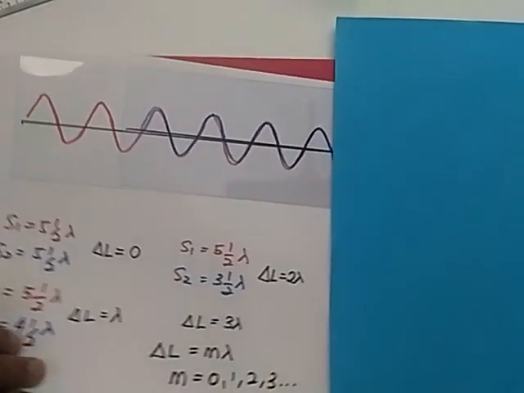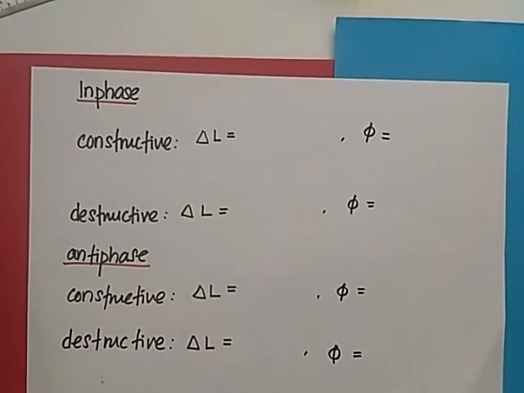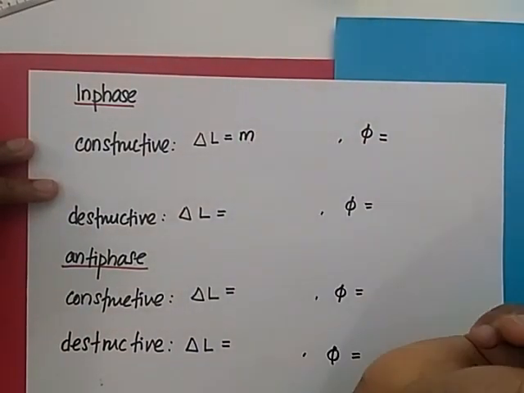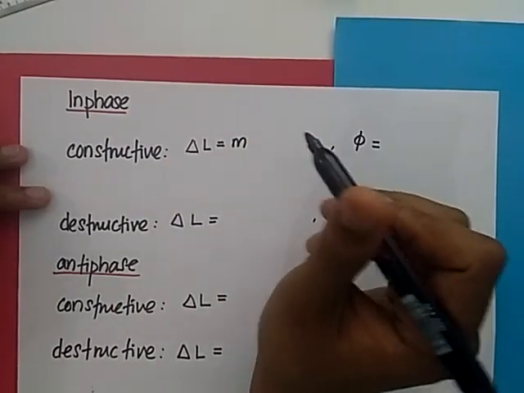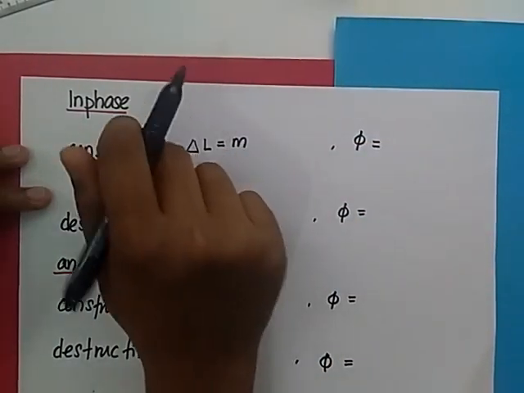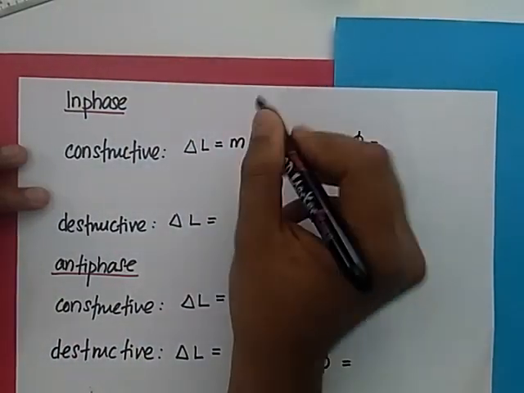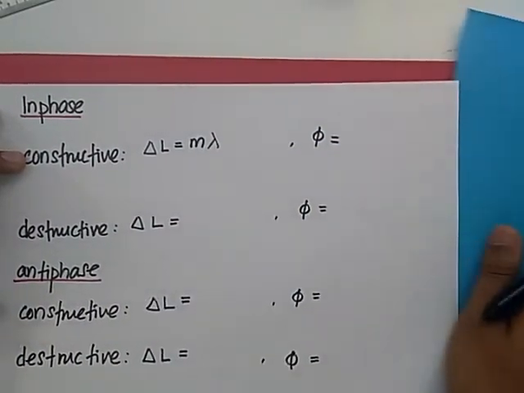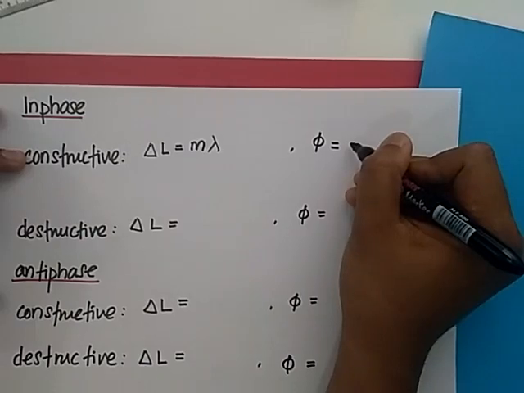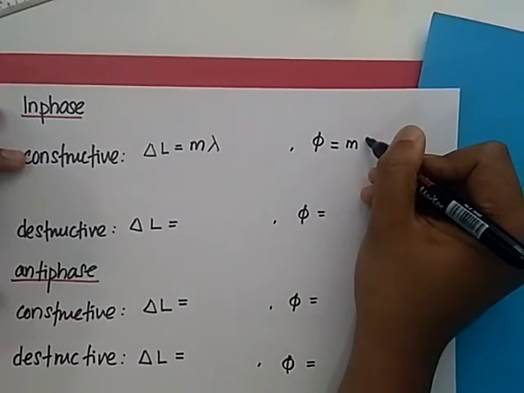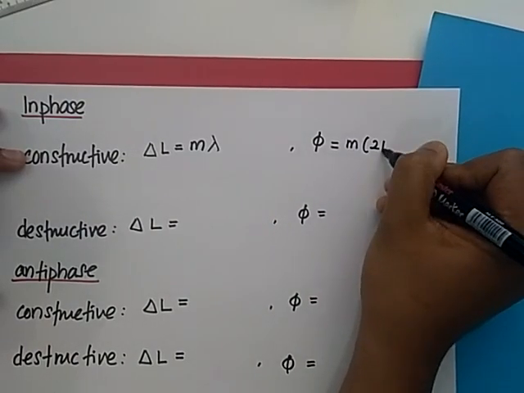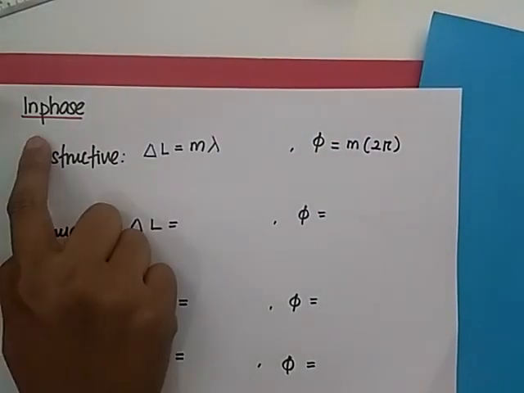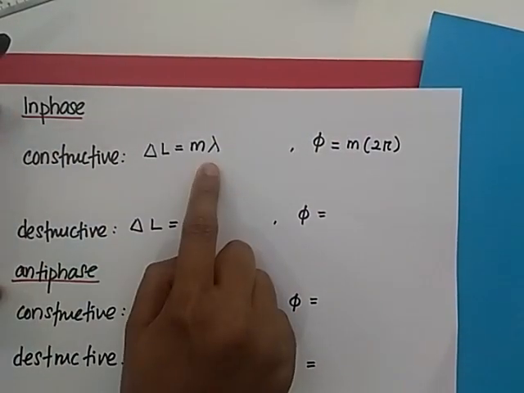So dalam table tadi saya boleh tulis for constructive interference, the condition for constructive interference for two sources that are in phase is m lambda. 1 lambda sama dengan 2 pi. So the phase difference between the two sources should be m times 2 pi. So itu in phase constructive.